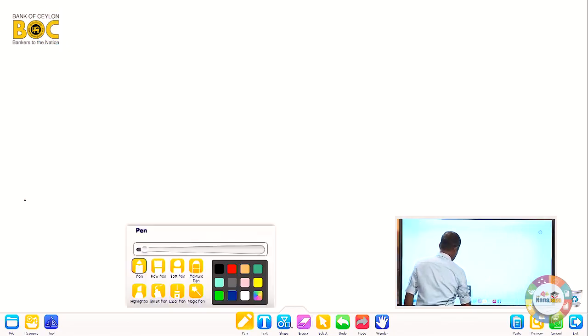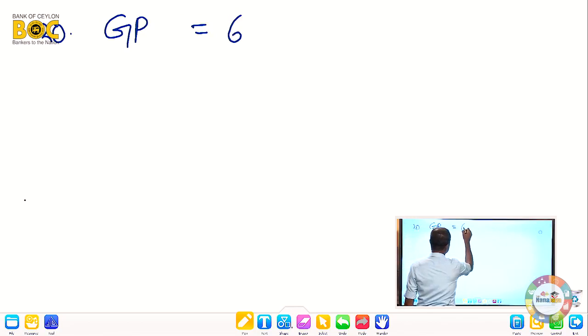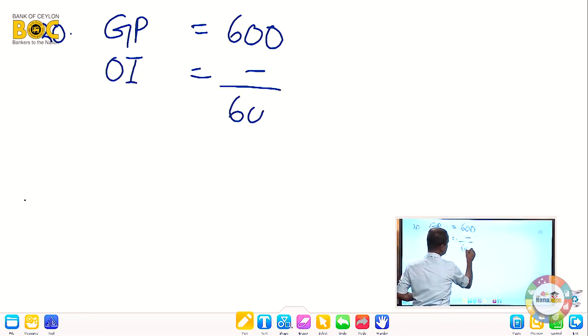Now for question number 20 we have to calculate profit before tax. The gross profit we calculated is 600,000. For that usually we add other income, but there is no other income given in the question.